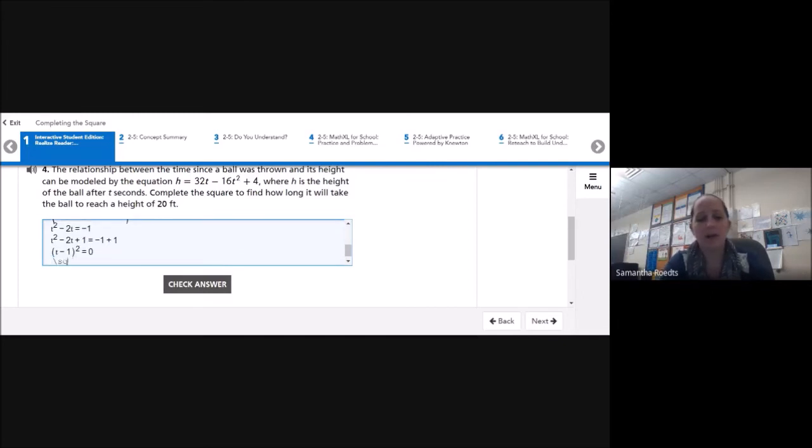I square root both sides. The square root of 0 is 0, so I have t minus 1 equals 0. I add 1 to both sides, so t equals 1. So it will take 1 second for the ball to reach a height of 20 feet.